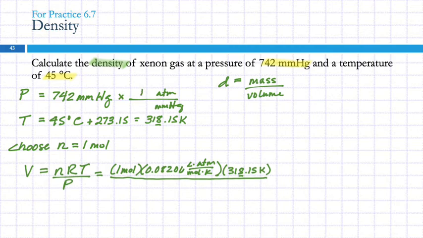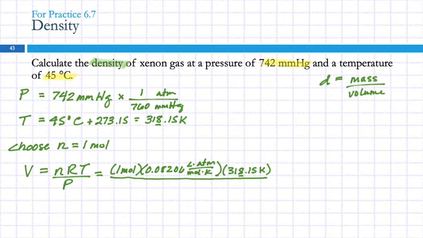So it's the same as for torr. 1 atmosphere is 760 millimeters of mercury. 742 divided by 760 is equal to 0.97632 atmospheres.